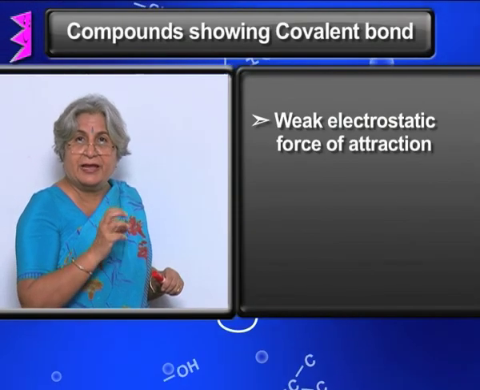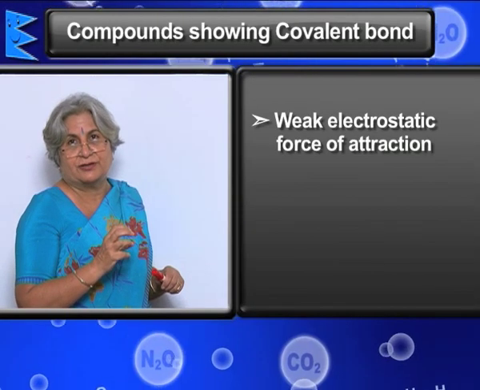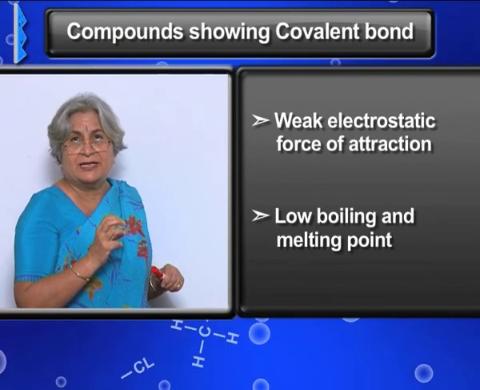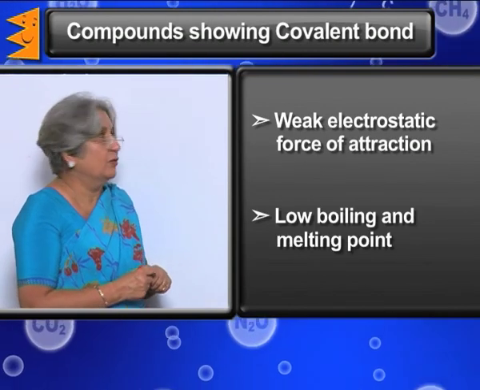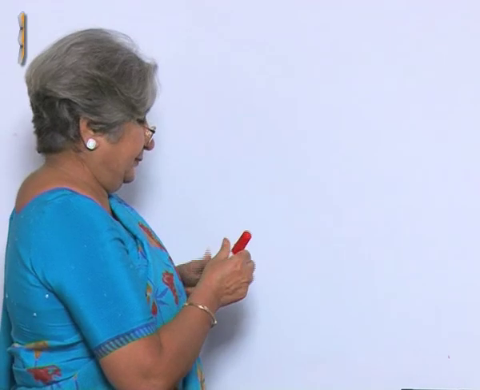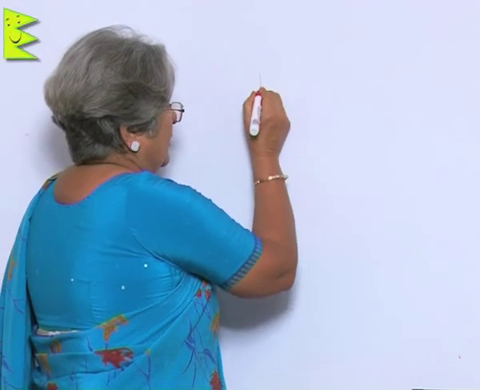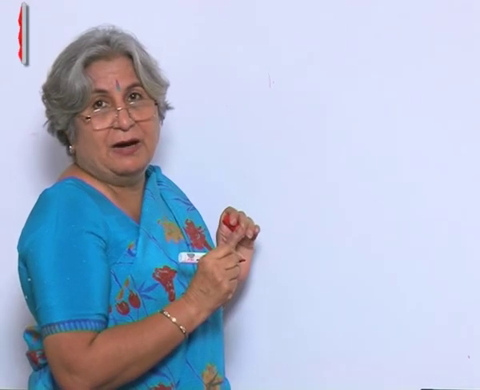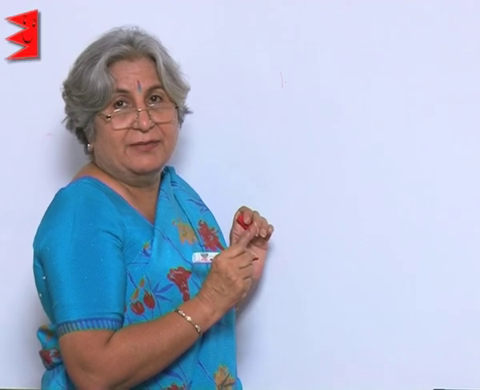On the other hand, the compounds showing covalent bond have weak electrostatic force of attraction. So their boiling points and melting points are low. For example, many carbon compounds like carbon dioxide, methane, ethane, they are all gases.